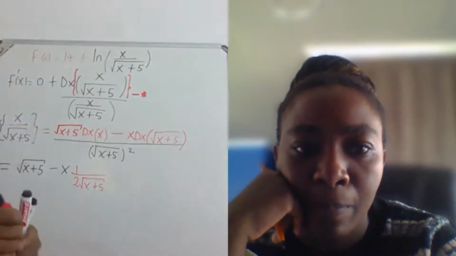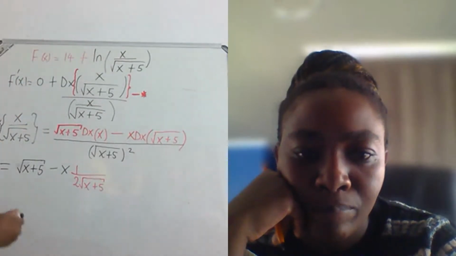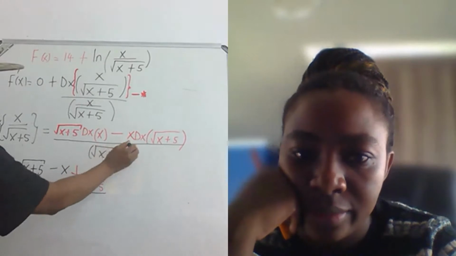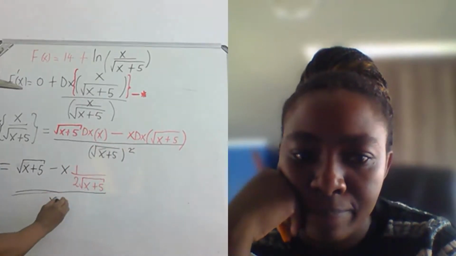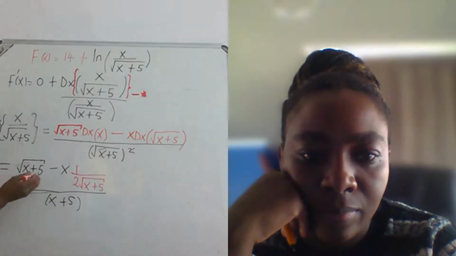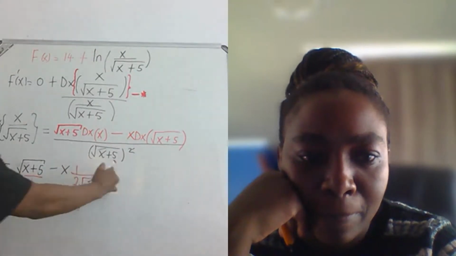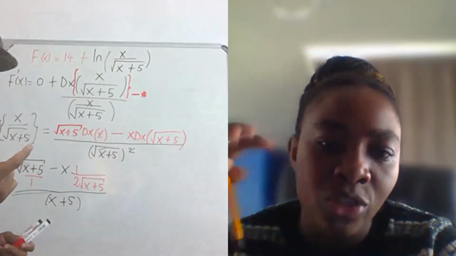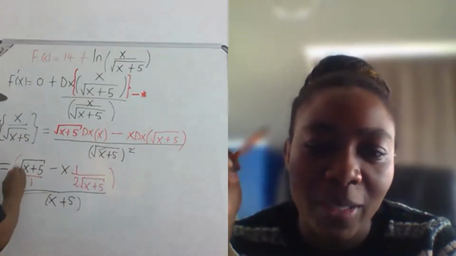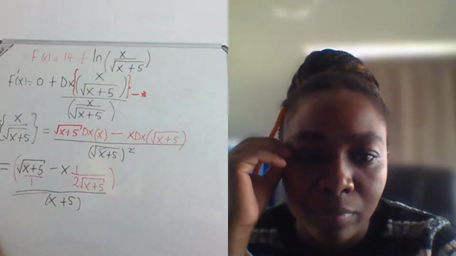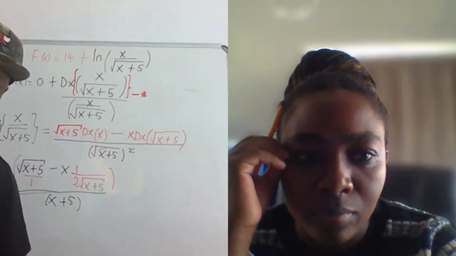And there's no time. We got that, and then we go over square root of x plus 5, and this is going to cancel from the x plus 5. But hey, look, there's a problem here because this one I can say over 1. So I need to put this as one fraction. Are we just going to do the cross multiplication? Yes. So square root of x plus 5 times square root of x plus 5 is going to give me x plus 5.